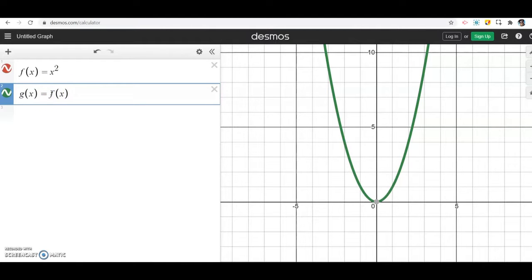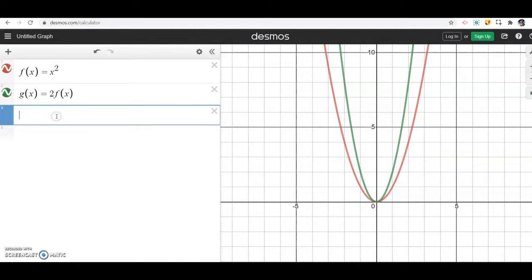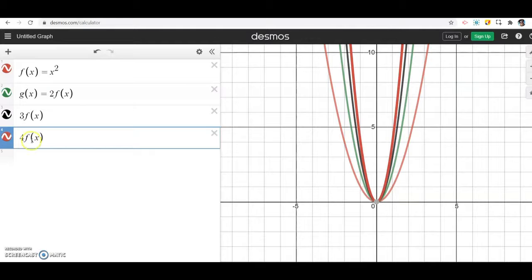This one's actually something you've seen all the way back in Math 1. We called it slope when we were talking about straight lines, and it's sort of the same here, except it's a constantly changing slope. You're changing how fast this thing increases. Now I can put 3f of x, and that's steeper. And you can do 4f of x, and that'd be steeper.